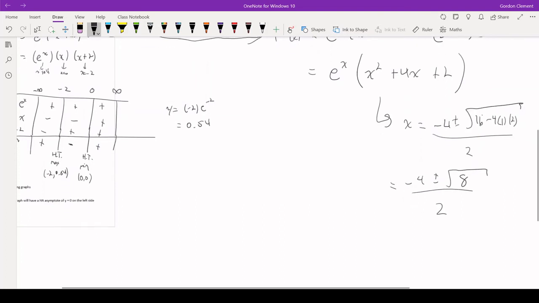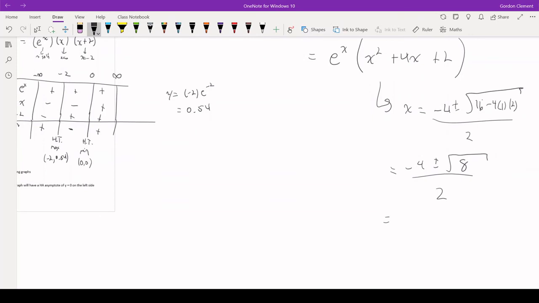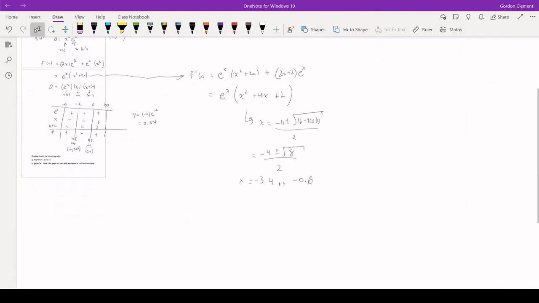So we're going to get two answers here: -3.4 or -0.6. We're graphing, so we can just go to one decimal place. We don't have to be too accurate here. So there we have it.